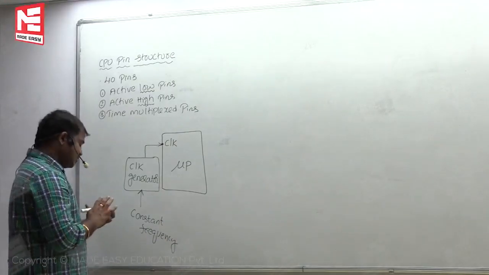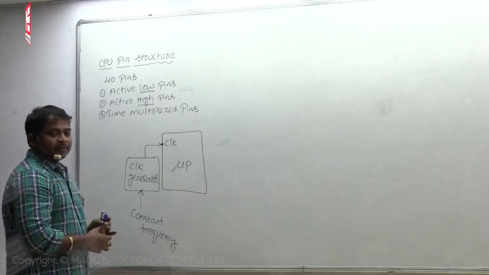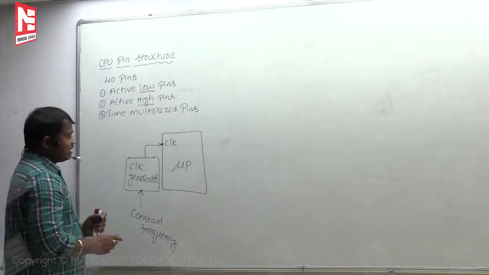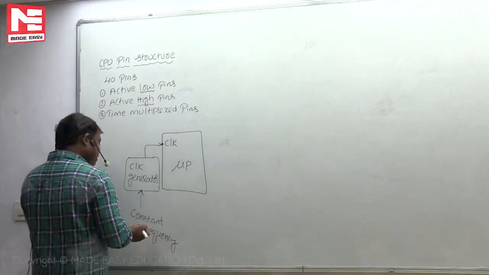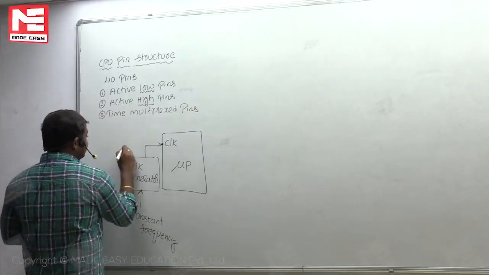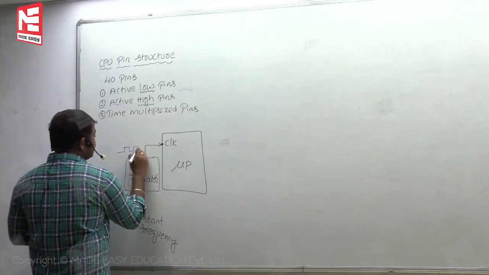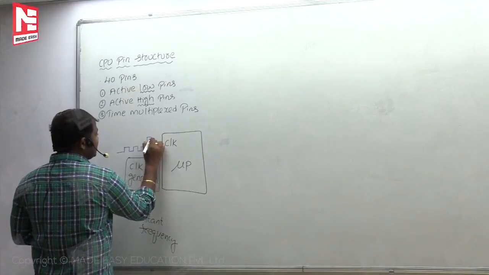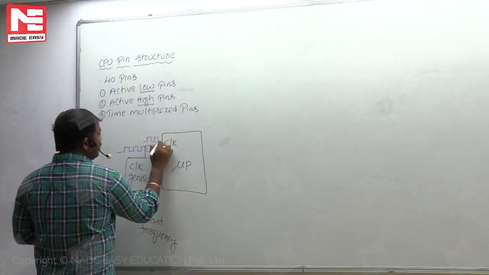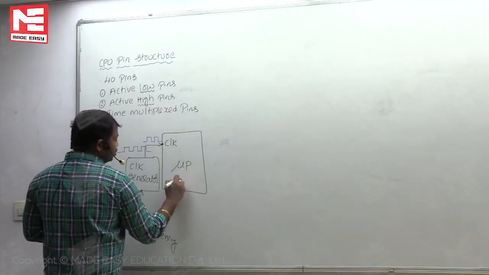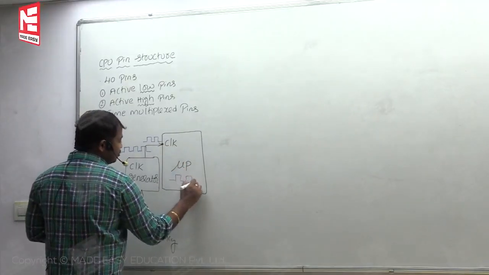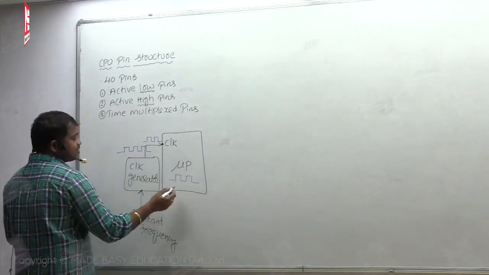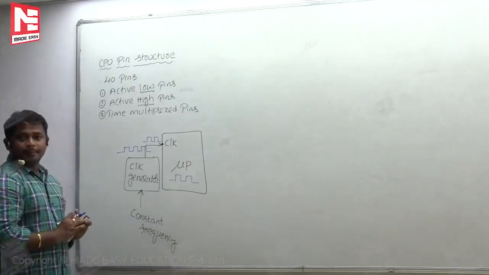The clock generator is nothing but an oscillator, a ceramic oscillator or crystal oscillator. When it operates with constant frequency, it produces clock pulses like this. These clock pulses move into the CPU via the clock pin. Therefore, all the CPU operations are controlled by the clock.